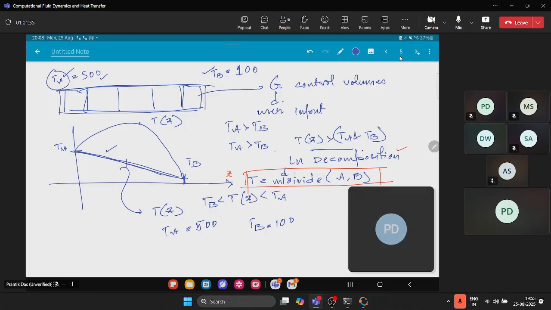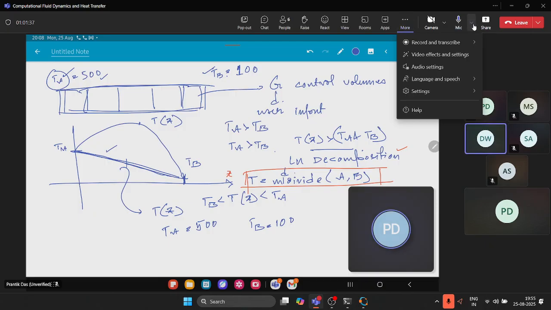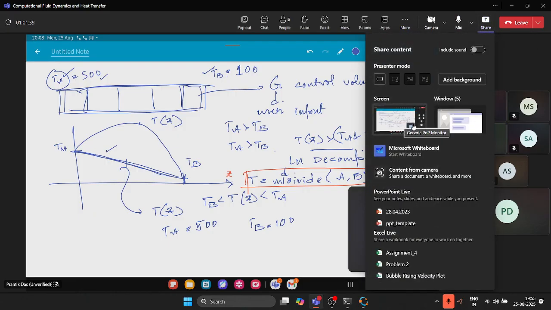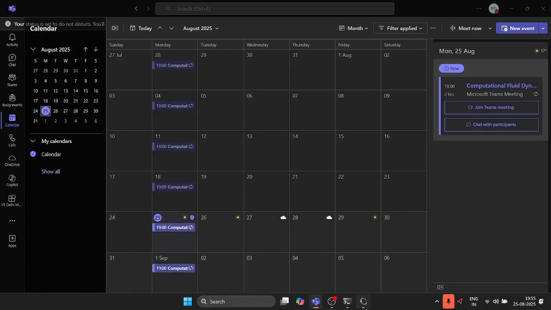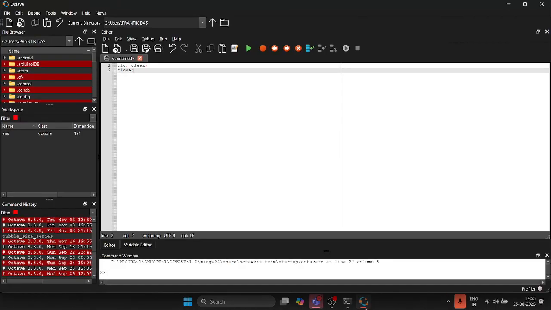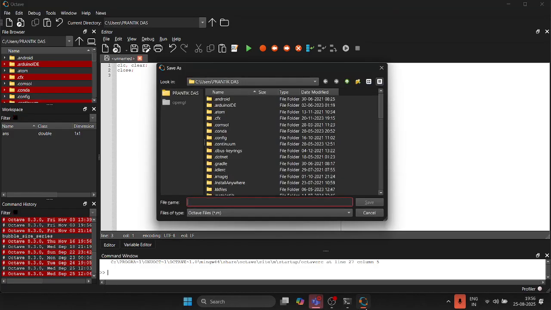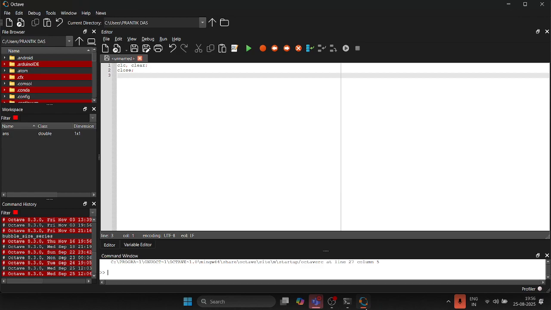Let me share the screen here once again. Initially I've written CLC, clear and close. CLC clears your screen, clear clears the memory, and close closes all the graphical windows that were present initially.